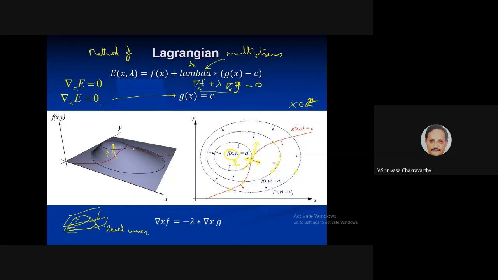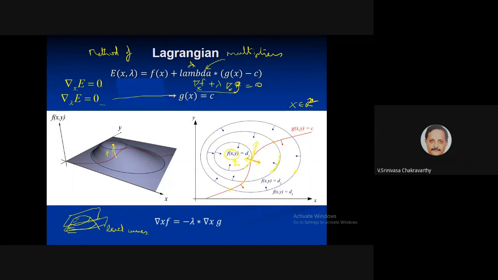Suppose there is no constraint at all. This point right here will be the maximum. But that's not okay, because I have a constraint. I want this function g of x to be equal to c. So g of x equal to c will give you some kind of a curve. If you project this line onto the xy plane, you get a curve, which you can see in the right picture.